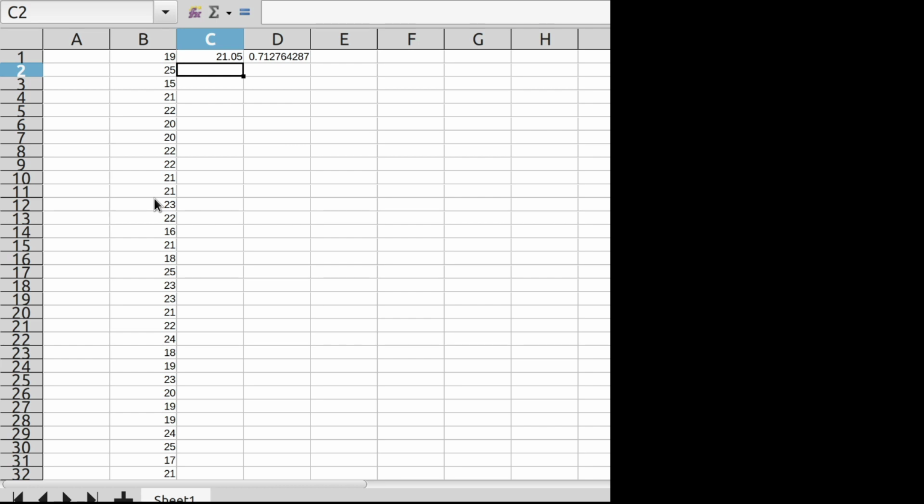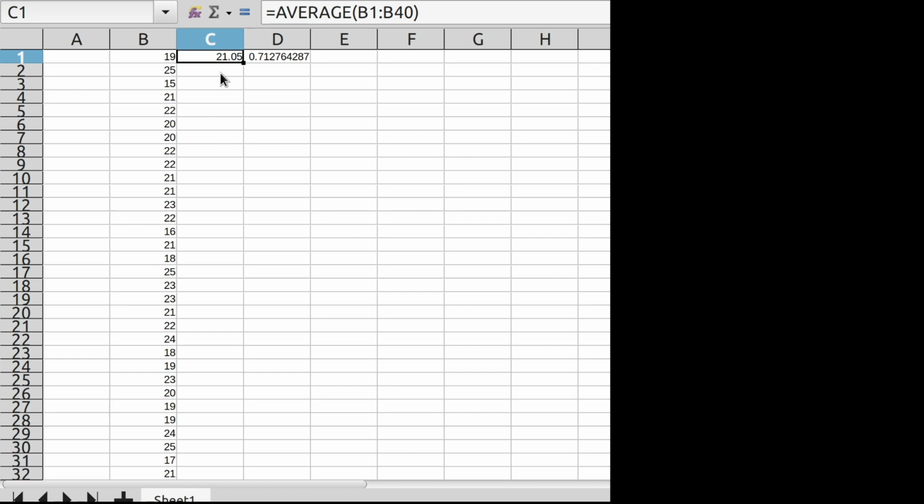Now, this isn't all. This is 40. This is a sample. And so what I did here is I came over and I did the average of B1 to B40. So my data is in B1 to B40. And that returned 21.05 or 21.1. However, we want to try to talk about that.